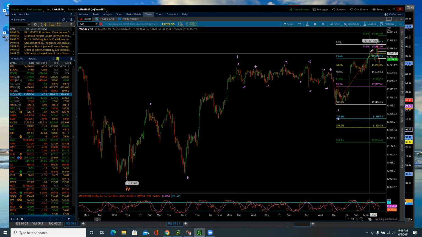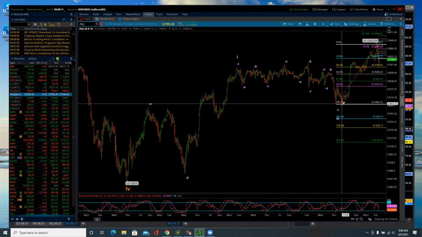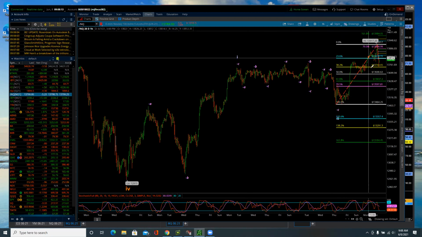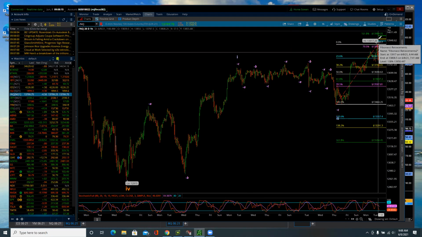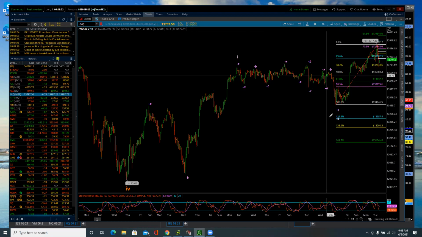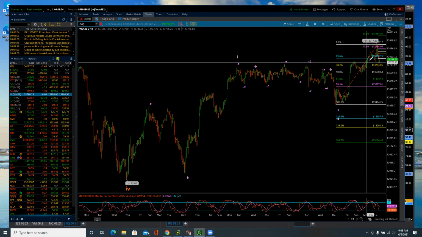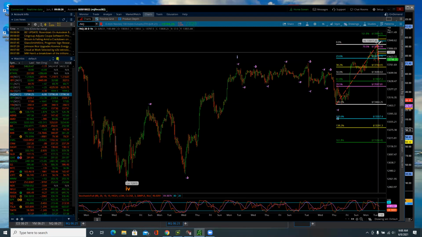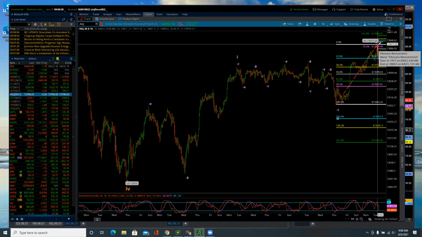Now, within this next third wave up, which normally within a 5-wave sequence is going to be the longest and the strongest, we have just basically finished what I'm labeling as the first wave up.